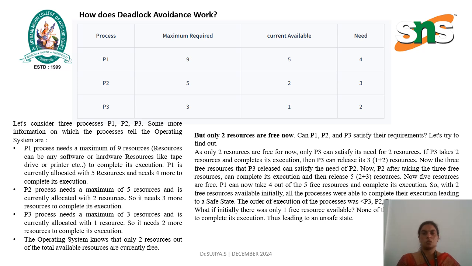So process 1 needs an extra 4 to complete its task, P2 requires 3 more resources, and P3 requires 2 more resources, but currently what is available is 2. So in such a case we have to see P3.